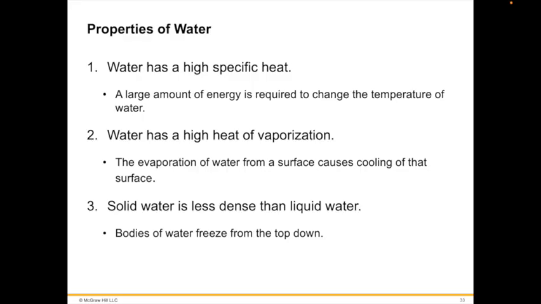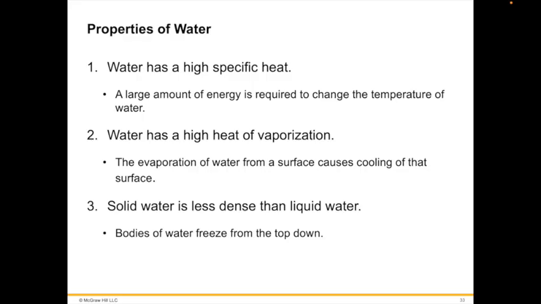The heat of vaporization is defined as the amount of energy required to change 1 gram of a substance from a liquid to a gas. A considerable amount of energy, 586 calories, is required to accomplish this change in water. As water changes from a liquid to a gas, it requires energy in the form of heat to break its many hydrogen bonds.